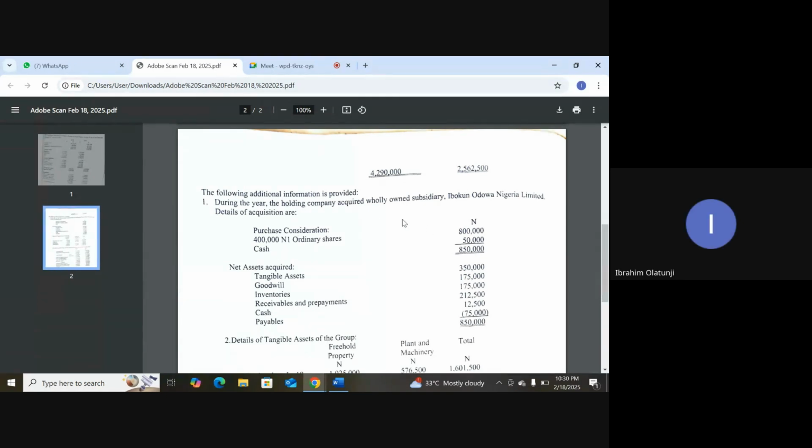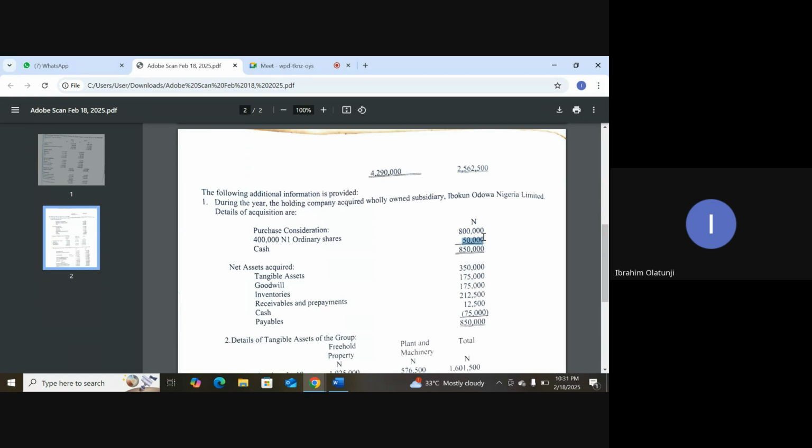And the purchase consideration given to you was broken down into two: 400,000 one naira ordinary shares, that one is the 800, and the cash, 50,000. What they are saying is that the purchase consideration involved in this acquisition is both through the number of shares and also through the cash payment.